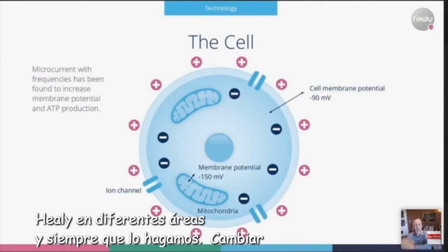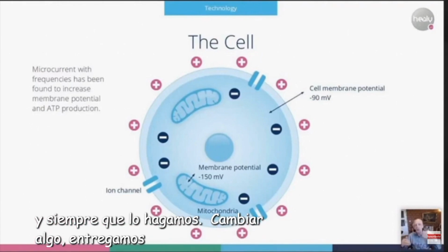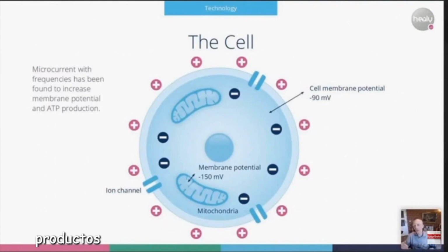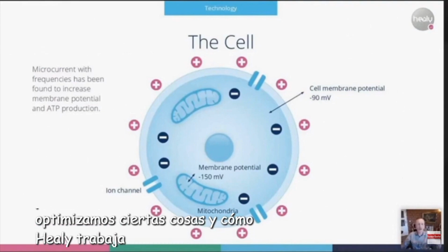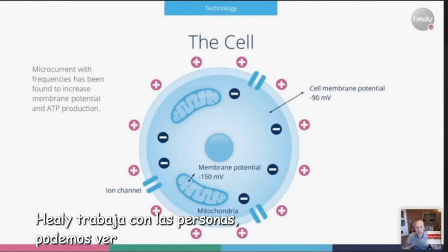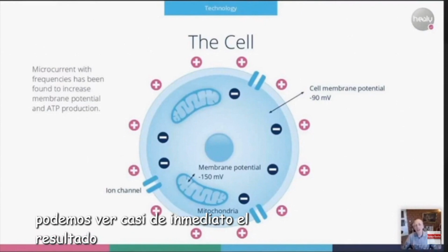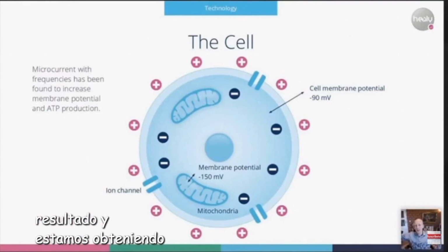And whenever we change something, we deliver new frequency products, or we optimize certain things in how Healy works with people, we can almost immediately see the result, and we get a growing amount of data.